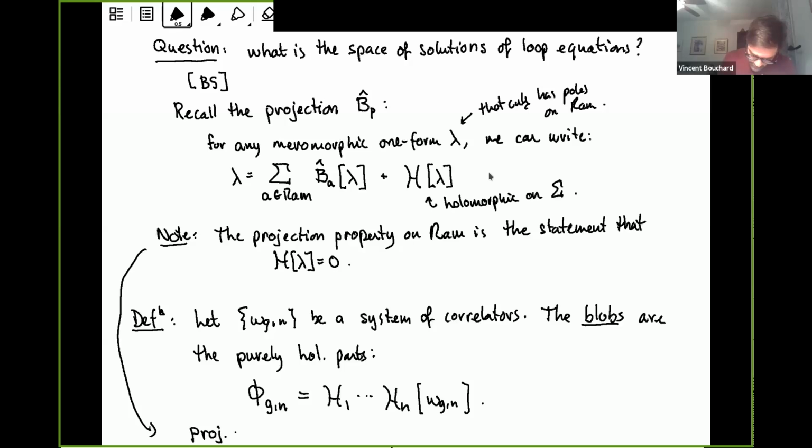Projection property is the statement that blobs vanish. If the omega g,n satisfy the projection property, then the blobs are zero. But in general, for a system of correlators, there's no reason why it should be zero. In other words, there's no reason why omega g,n should be the sum of its principal parts at the ramification points using the projection that we just talked about.